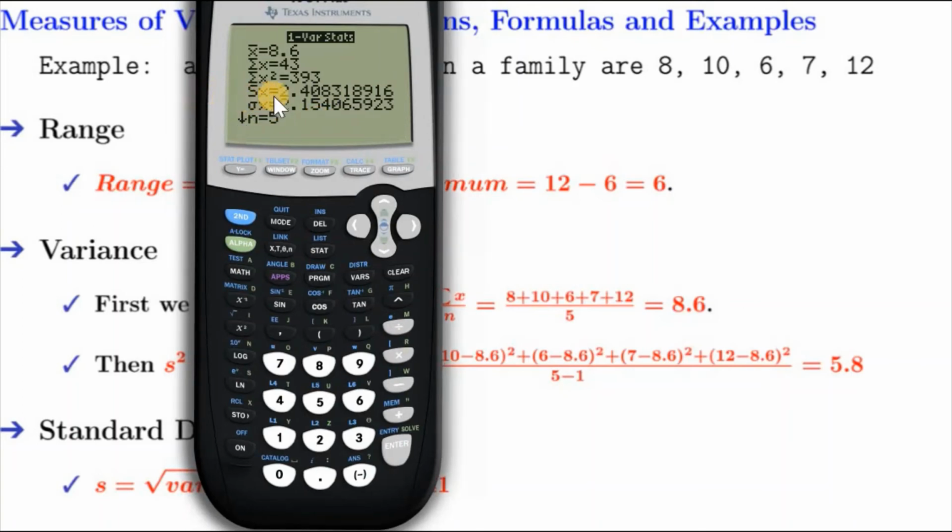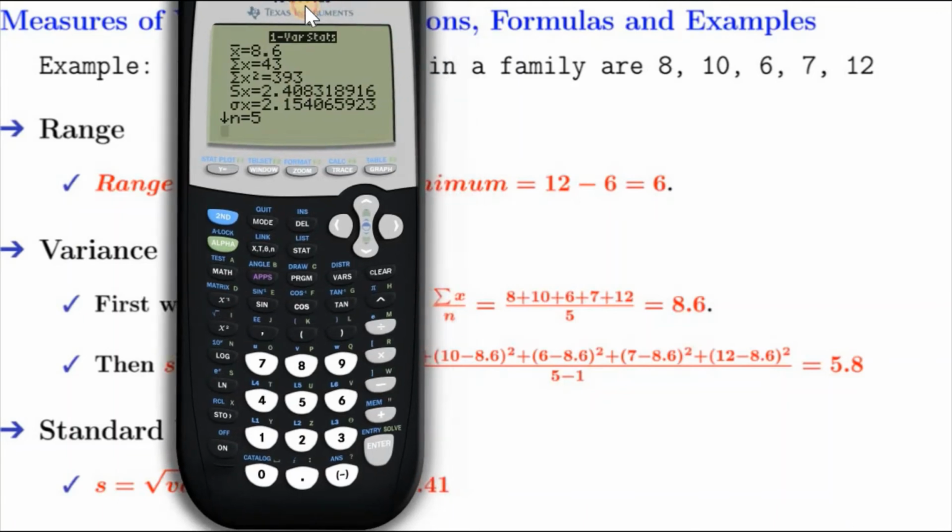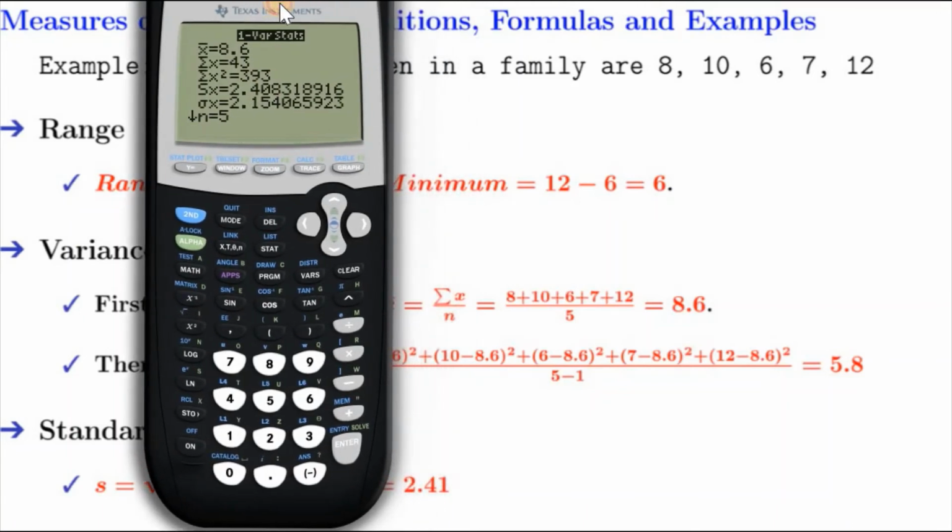So we get a standard deviation of 2.41, which is what we have here. Let me move my calculator so that we can see the number. So this is what we got using the formula, and that's the same number we got here using a calculator, which is 2.41.